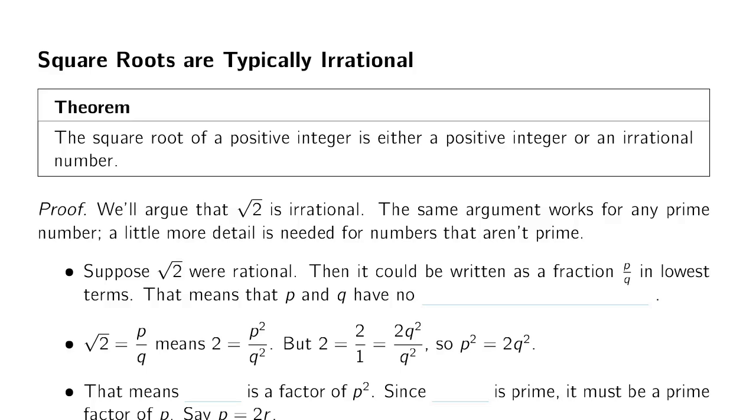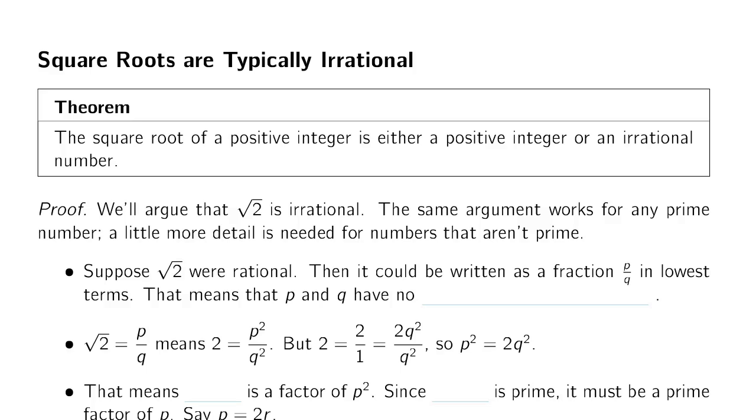We're going to use a technique called proof by contradiction. We're going to assume that the square root of 2 is rational, and then we're going to find out that something impossible happens. So pretend the square root of 2 were rational. If it's rational, we can write it as a fraction p over q, and we can write it in lowest terms.